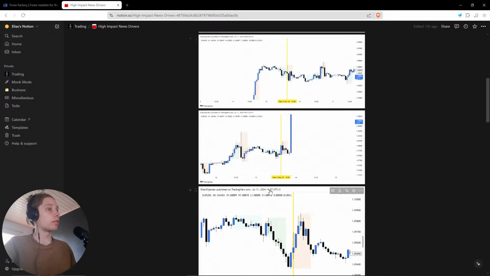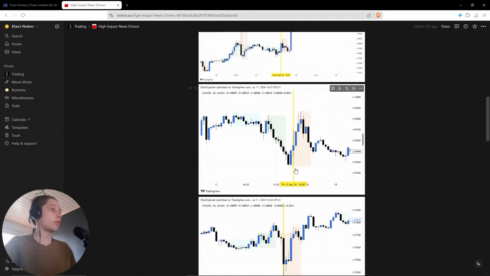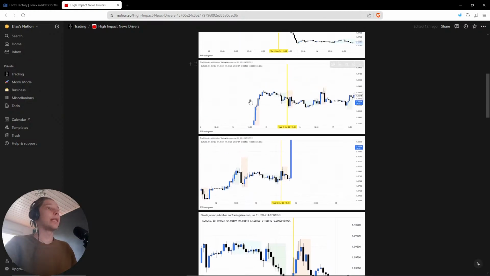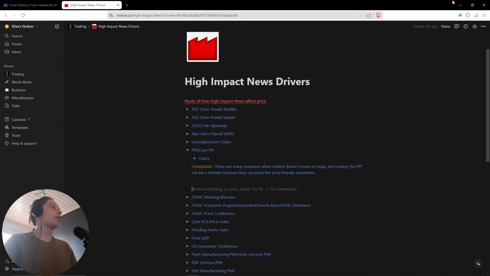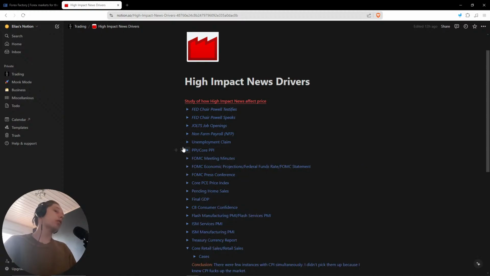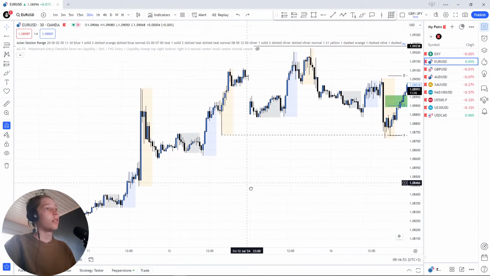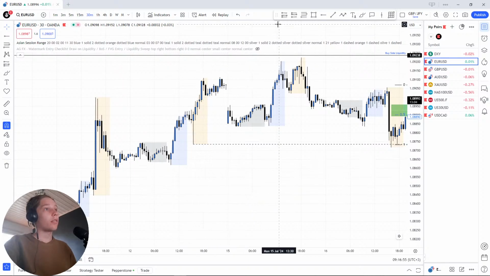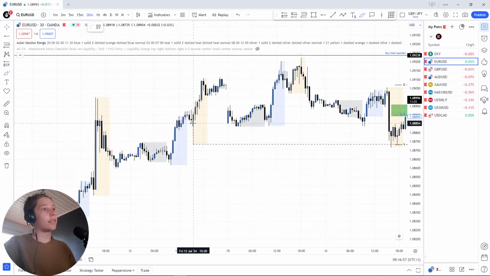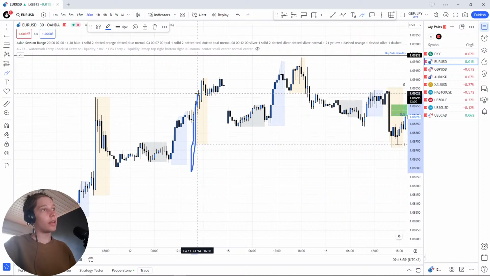So you can see sometimes there is no movement, sometimes there's a lot of movement, but the movement is nothing like CPI or NFP. How I figured things out is that PPI usually moves a lot, but it doesn't really sweep the lows like that.